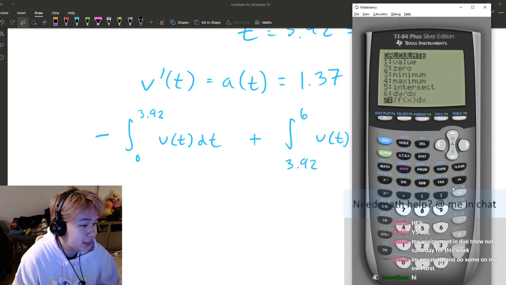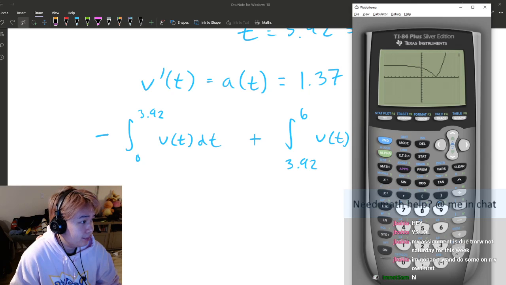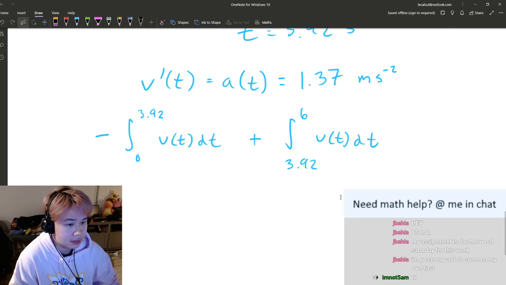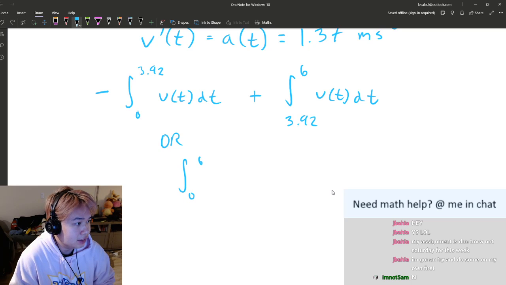Which is a function in your calculator. So the lower limit is 0, upper limit is 6. So this area represents the total distance you traveled, which is 15.4 meters. So, or 0 to 6 of the absolute value.